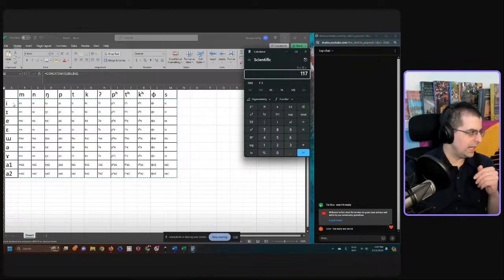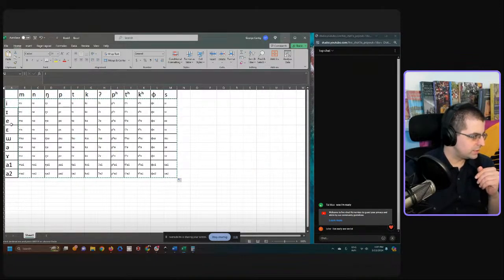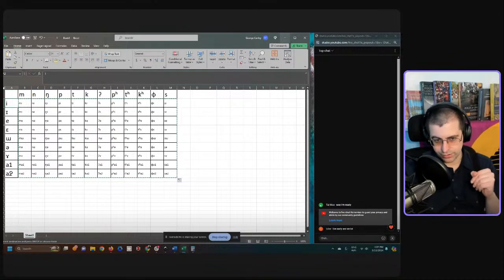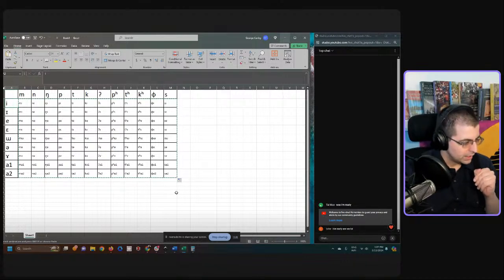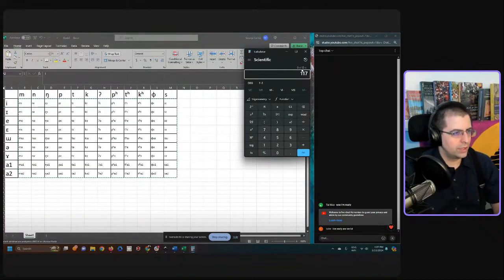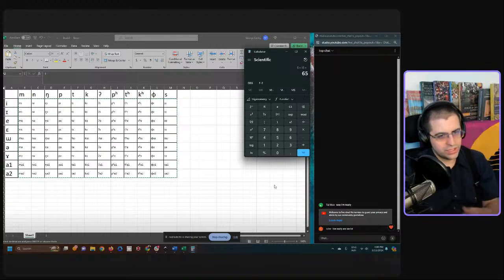And then you merge these two, these two, these two, these two, and you end up with 1, 2, 3, 4, and 5 vowels to represent, plus an extra diacritic you add on there. Then it would be 5 times 13, which would equal 65.